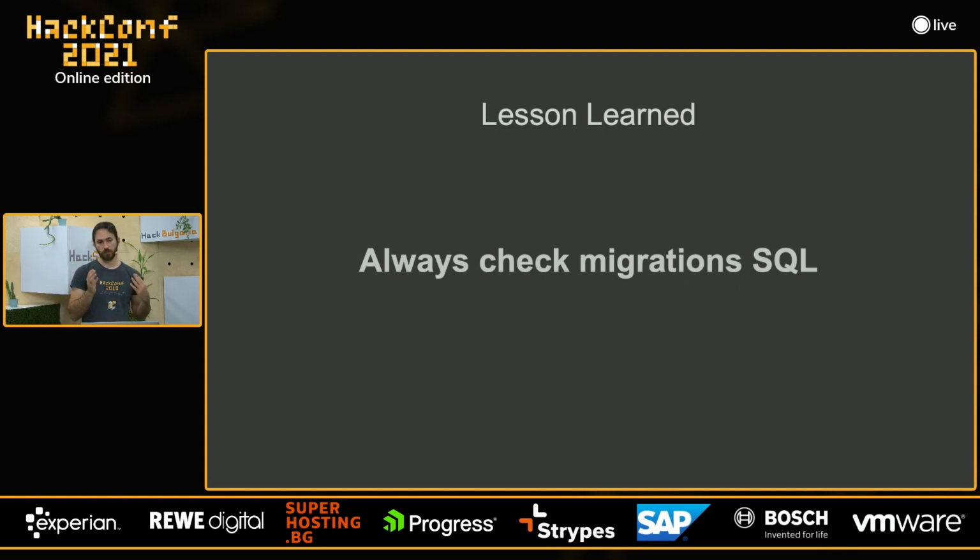Checking it is a simple task. Just check it, verify it, consider it. Maybe use an explain to see what exactly will happen if you're not sure. But take a look and verify what you're doing.